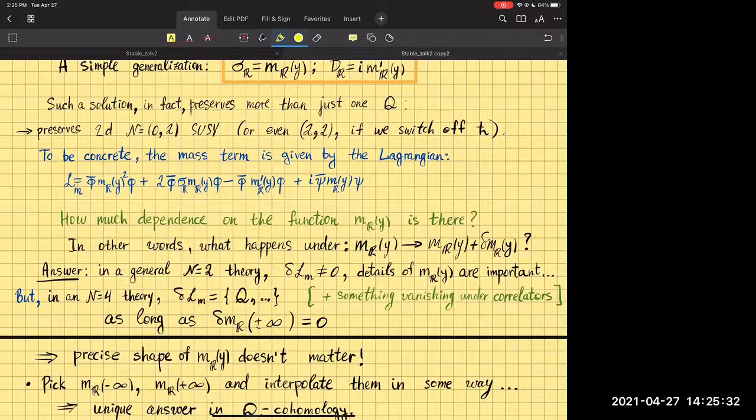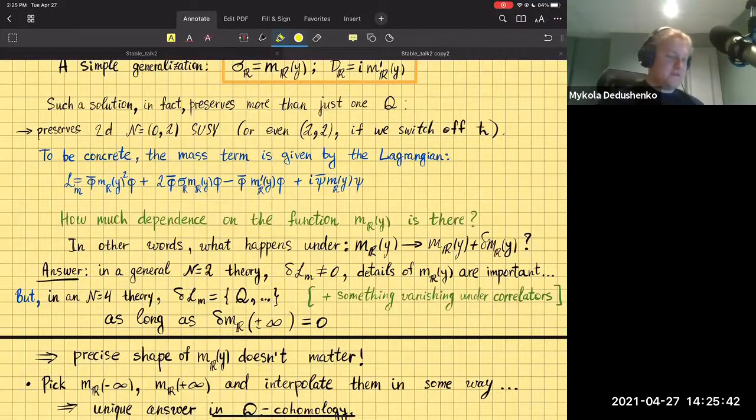Maybe a little off topic, but you said that 1D theories correspond to cohomology, 3D to elliptic. What happens in 4D, or what goes wrong? In 4D, this U1 H bar symmetry becomes anomalous, so it's not there anymore.